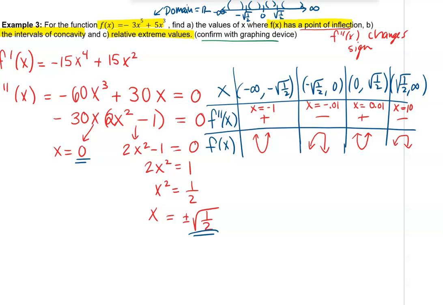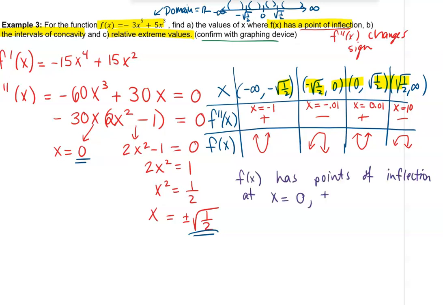Okay, so I see that I have 3 points of inflection. I have one here at this negative square root of 1/2 because concavity changed. I also have a change in concavity at 0 and then another change at rad 1/2. So those are my 3 points of inflection.